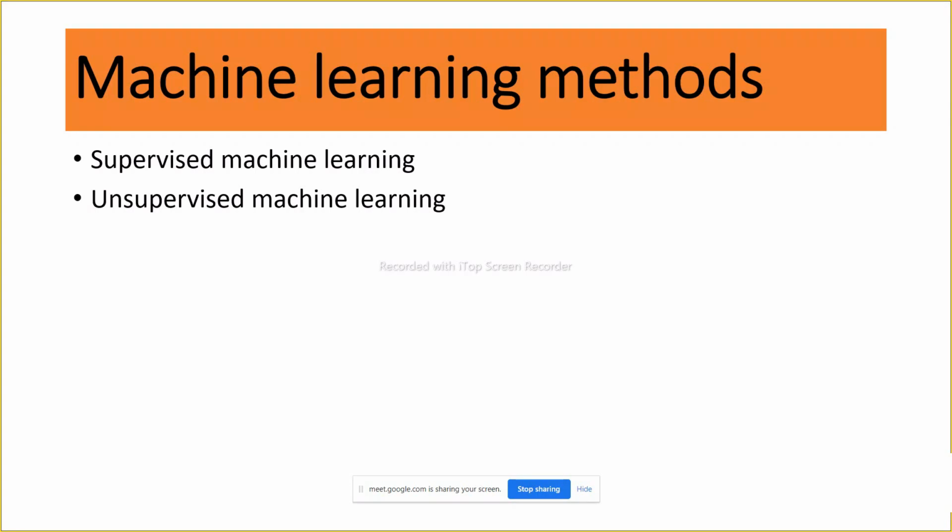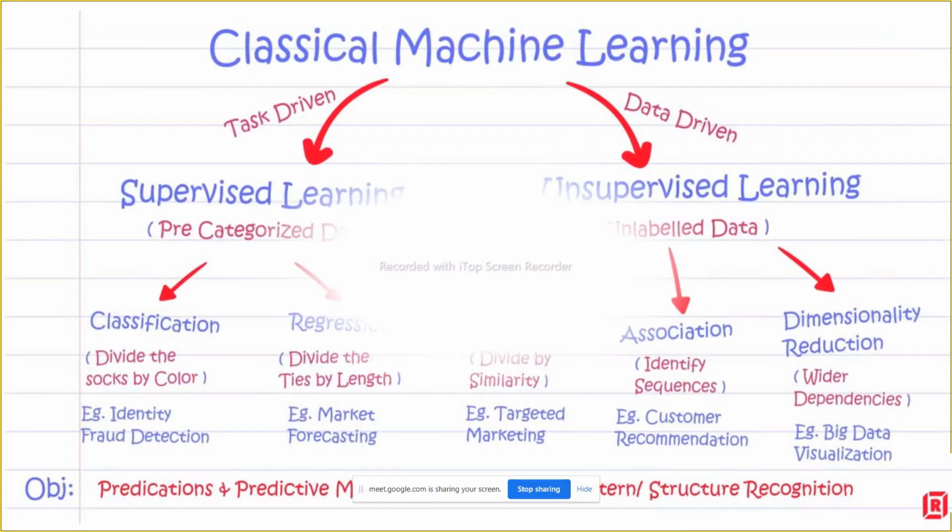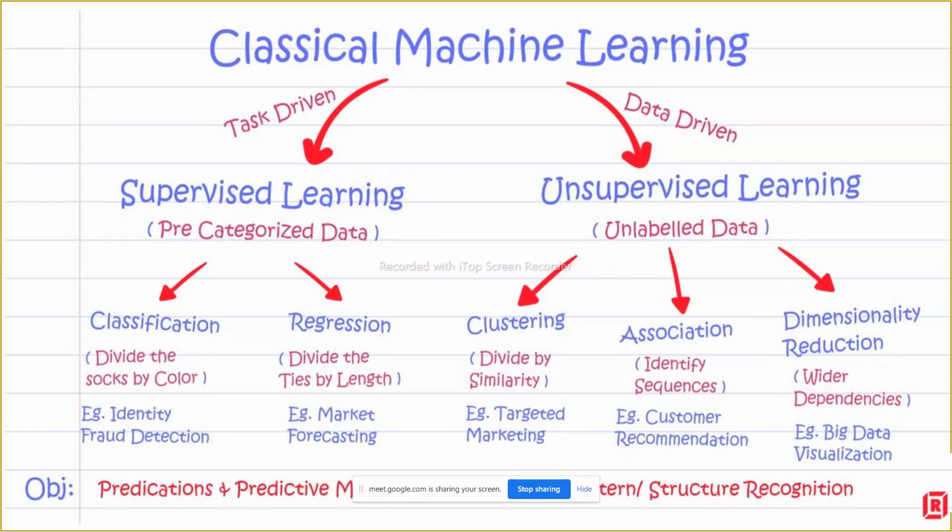Here you can see the classification of machine learning methods. Mainly we can divide machine learning into two ways: supervised and unsupervised. Supervised machine learning uses pre-categorized data. When you use supervised machine learning, you already need the data, which we can also call the training data.